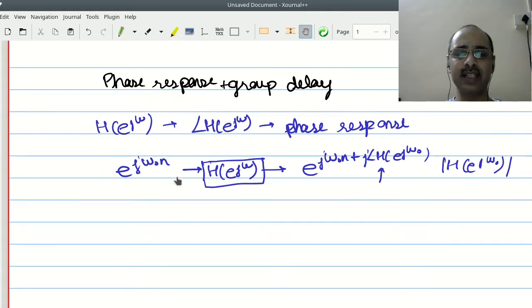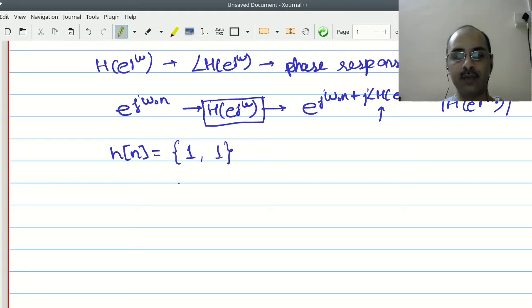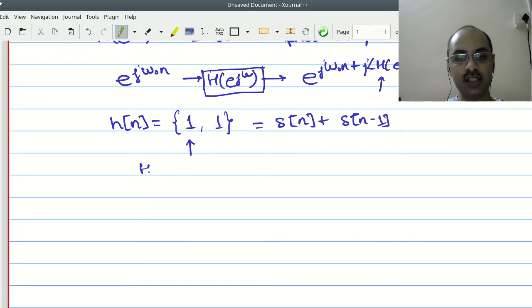Let's take some simple examples and see. Let's take h[n] equal to 1 1. Assuming the first 1 is at n equal to 0, that means this is δ[n] plus δ[n minus 1]. So our H(e^{jω}) is very simple.